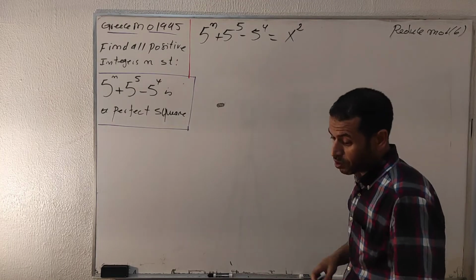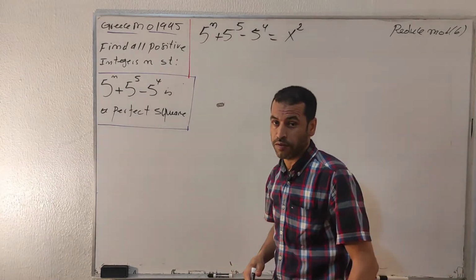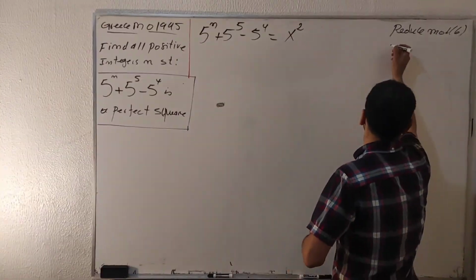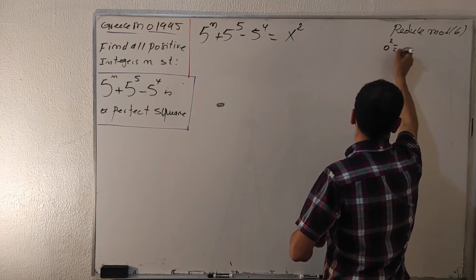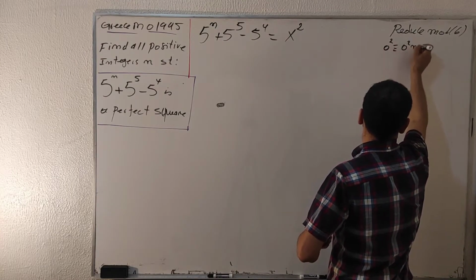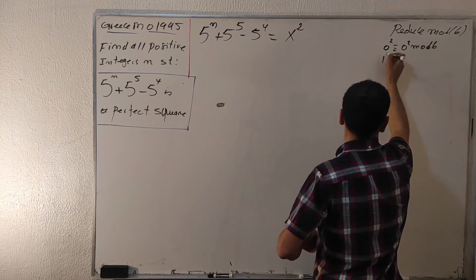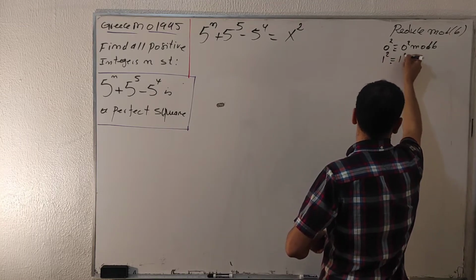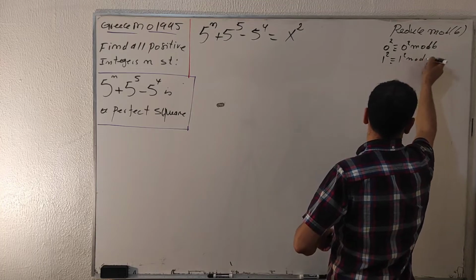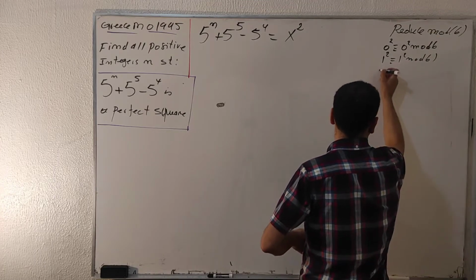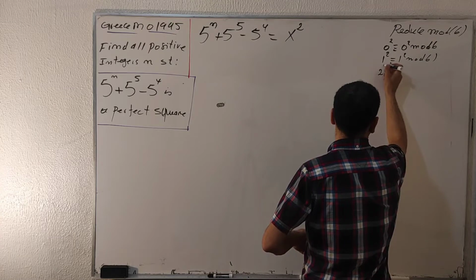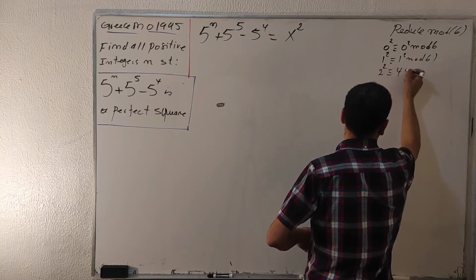We need to take some values of x to see which perfect squares occur mod 6. Let's take 0 squared, which is 0 mod 6. 1 squared is 1 mod 6. 2 squared is 4, so 4 mod 6.